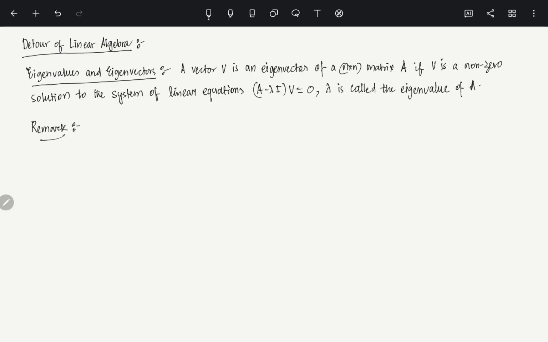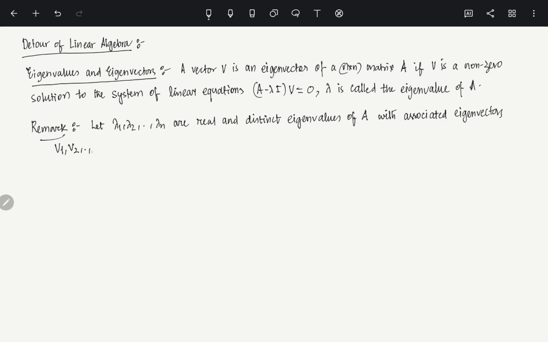So I am not discussing it further, but as a remark I am just writing that let lambda 1, lambda 2, ..., lambda n be real and distinct eigenvalues of A, with associated eigenvectors given by v1, v2, ..., vn.